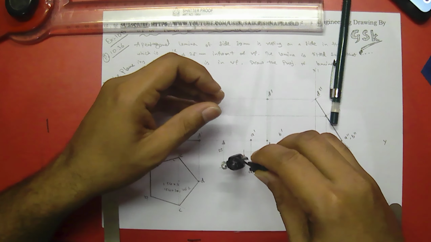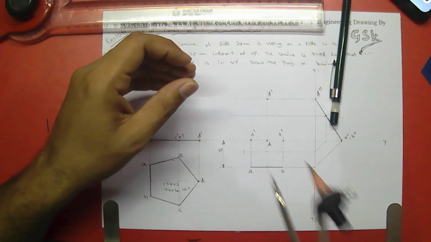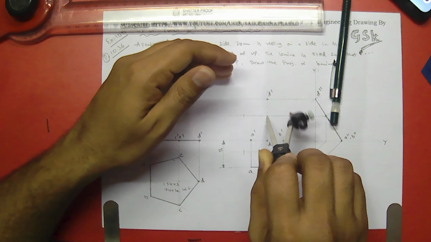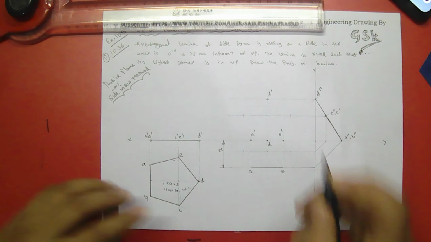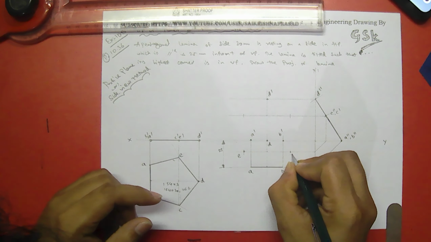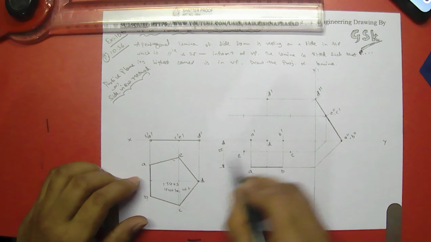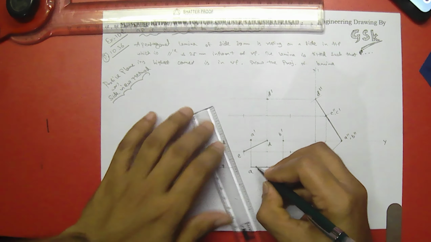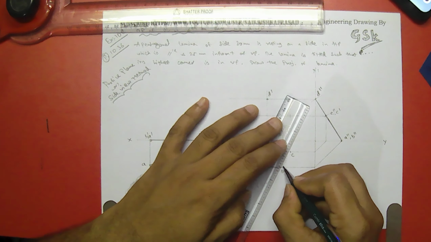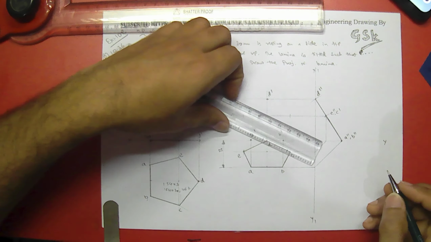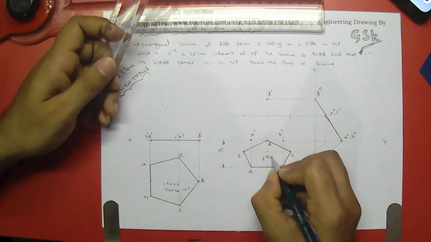I'll draw an arc. Now this is E, this is C, A, B, C, D, E. Let me finish the figure. This is the final top view.